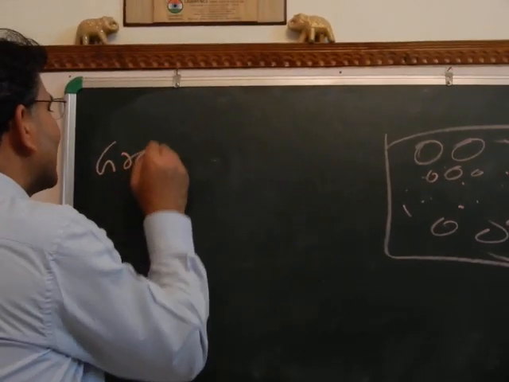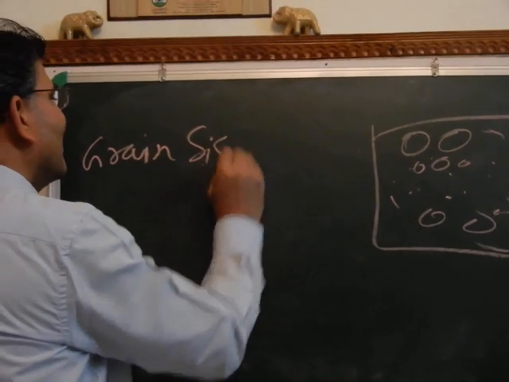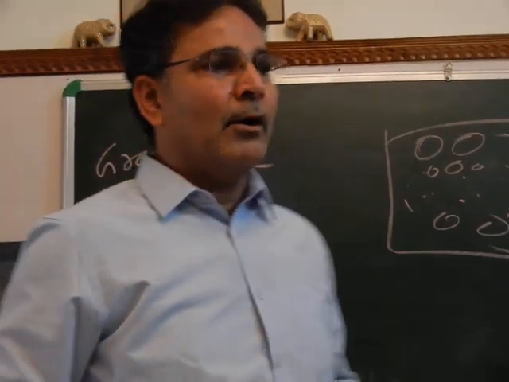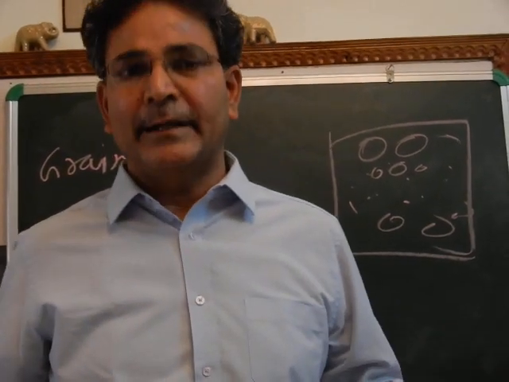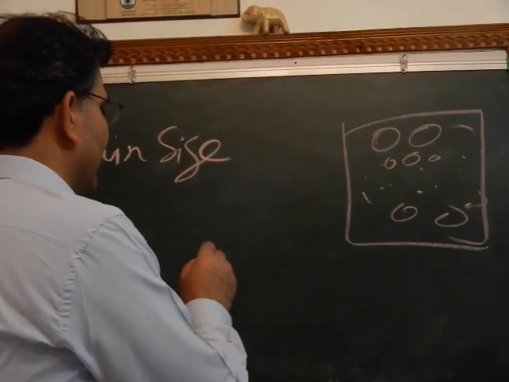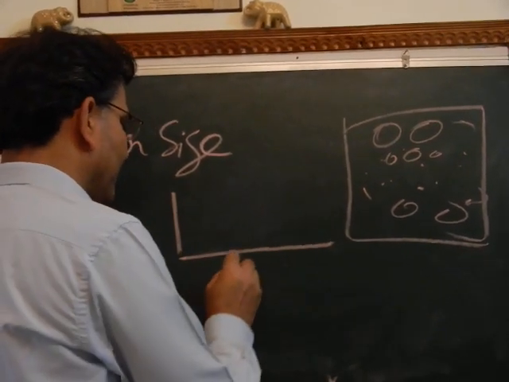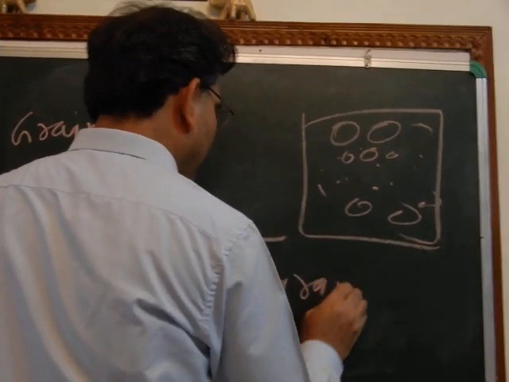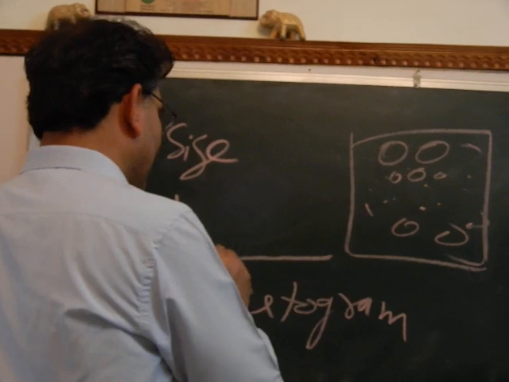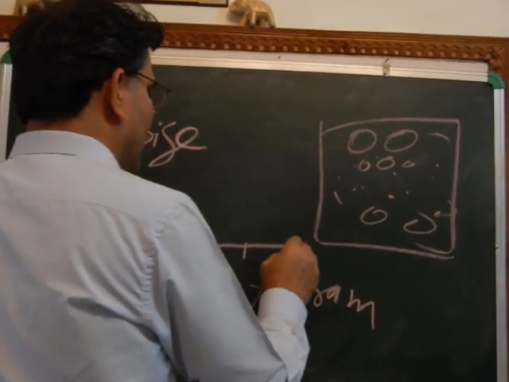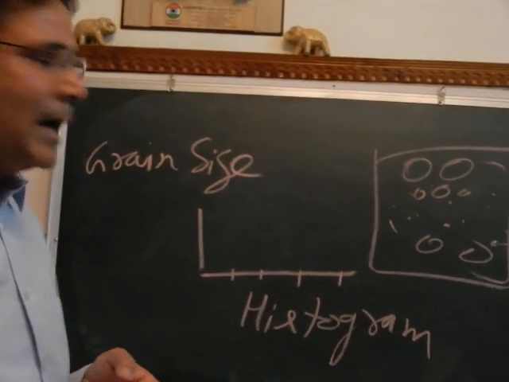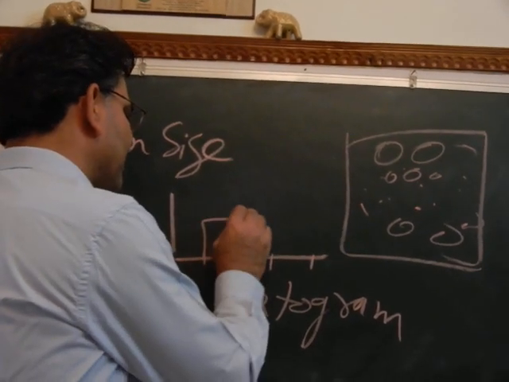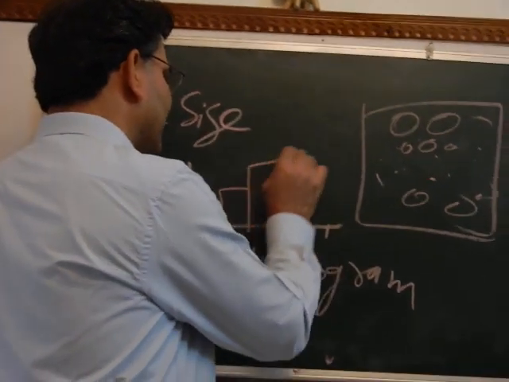So how do we calculate this grain size? There are many graphs on which we can represent it. One is the histogram. This is the interval of the size of the sediments, and then we represent the percentage of each size of the sediments like this.